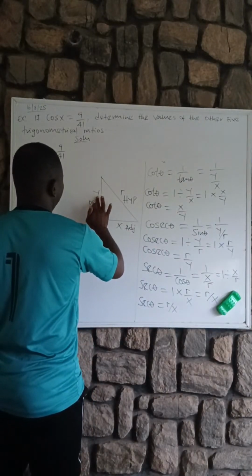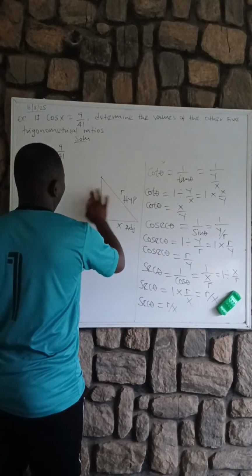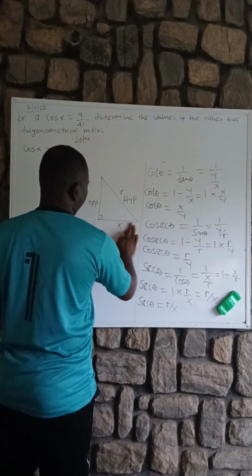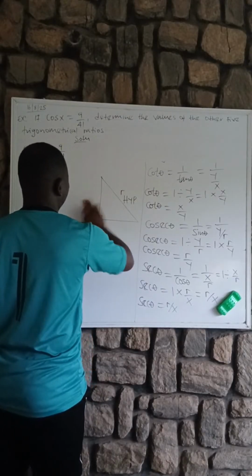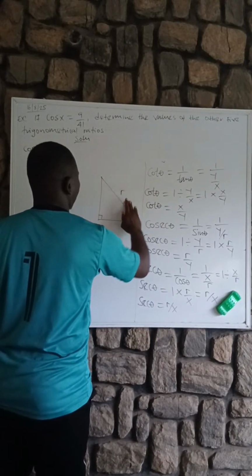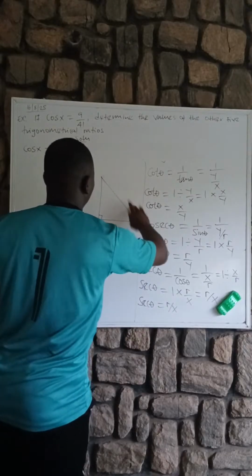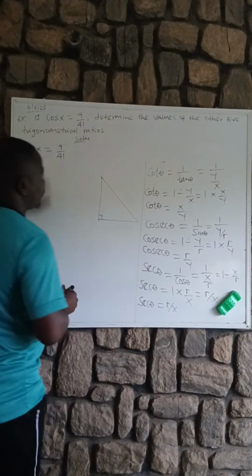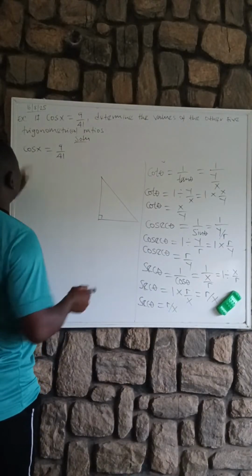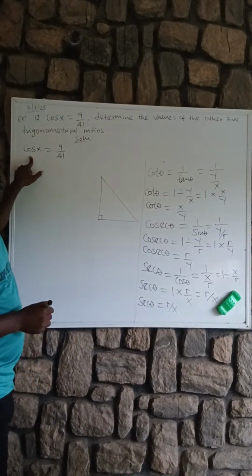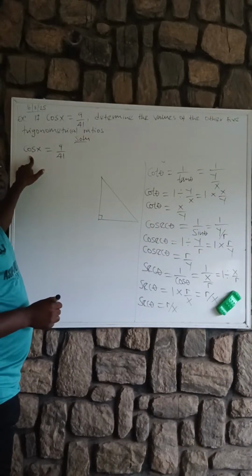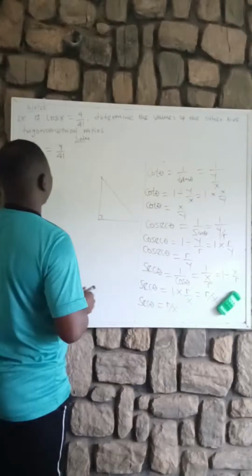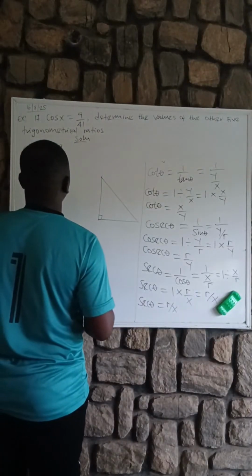This is opposite. Adjacent. So now here our cos theta is what? Adjacent all over hypotenuse.